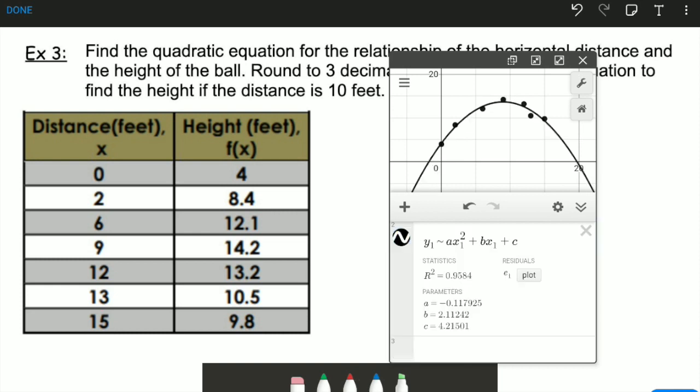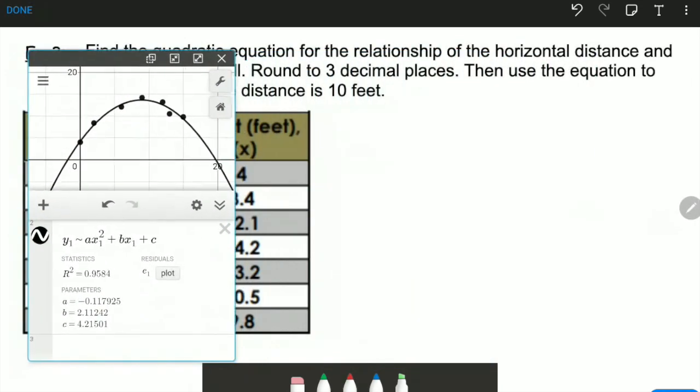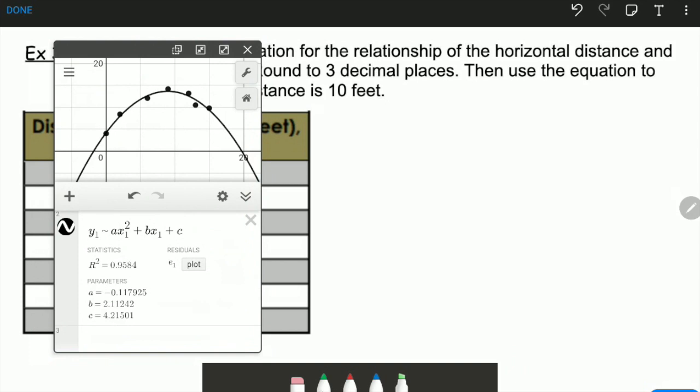Once you get all that typed in, it should give you what a, b, and c are, so that we can write out our equation. So our equation this time, y equals -0.118, if I round to 3 decimal places, x squared.